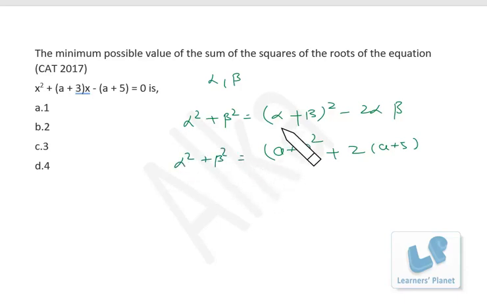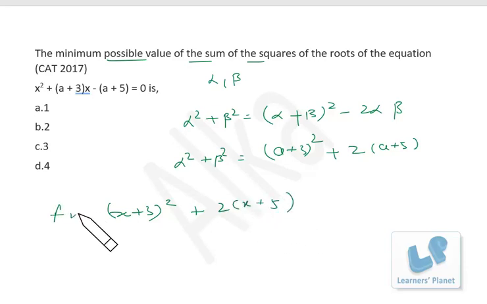Now we have to find the minimum possible value of this expression. So precisely what we have to do: if I convert this a to x, make a different question, (x plus 3) whole square plus 2x plus 5, this is my f(x). And I have to find the minimum value of this expression.